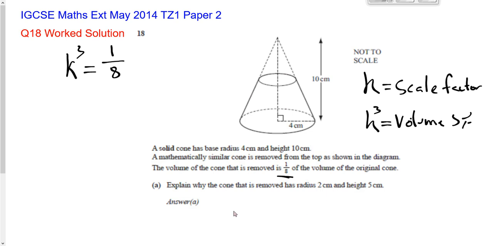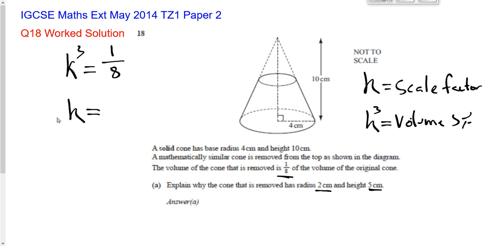Now, this is to do with volume, but we want to know the scale factor of length. We don't want K cubed, we want just K, the length scale factor. How do I go from K cubed to K?